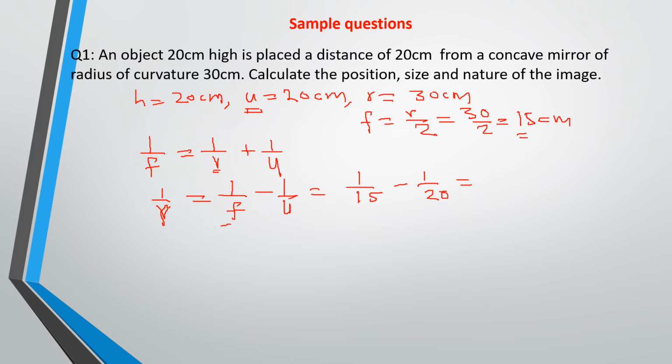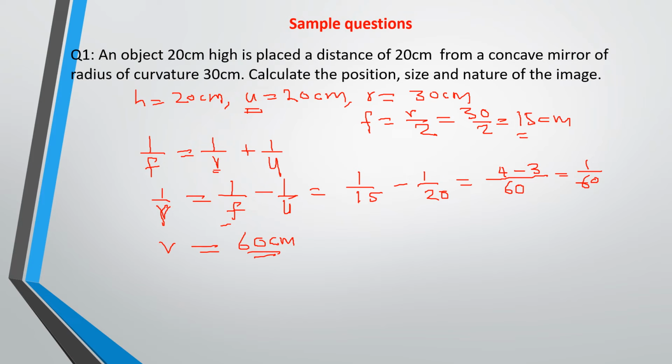The LCM of 15 and 20 is 60. 15 goes into 60 four times, and 20 into 60 is 3. By the time you work this out, you have 1 over 60. If you invert this, v will be equal to 60 centimeters. So that is the position of the image formed.